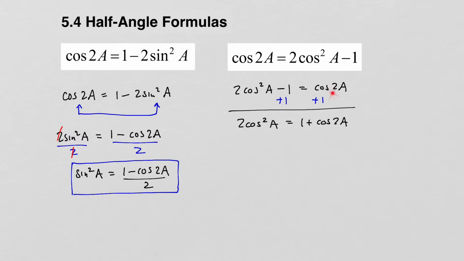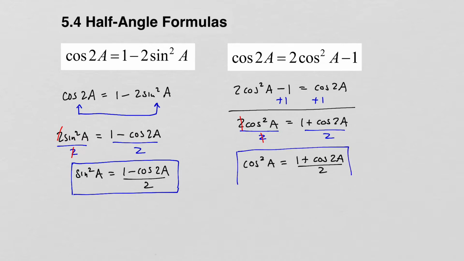And it is true that I could write cosine of 2a plus 1, but I'm writing it like this on purpose. And then we can divide both sides by 2. And canceling the 2 here, we end up with cosine squared of a is 1 plus the cosine of 2a all divided by 2. And this is our other half-angle formula for cosine.